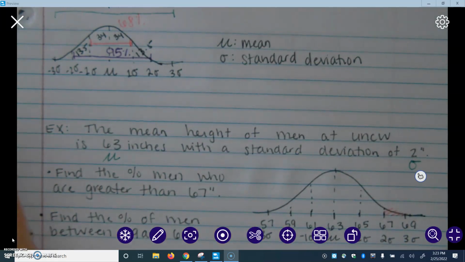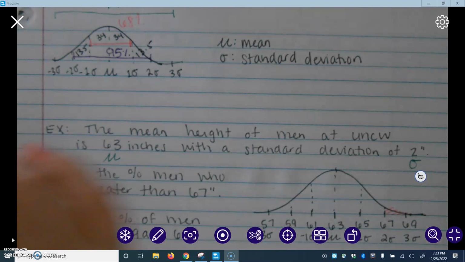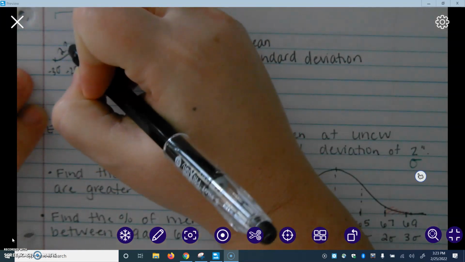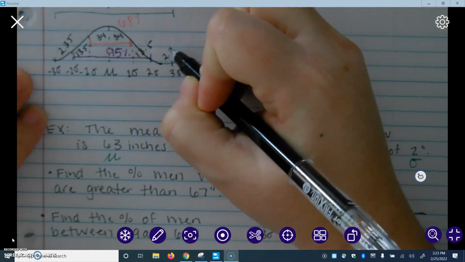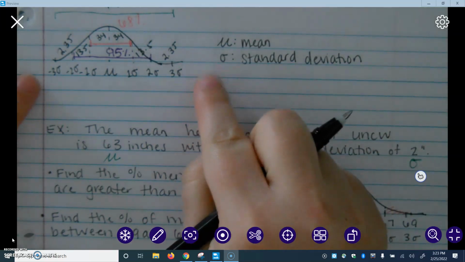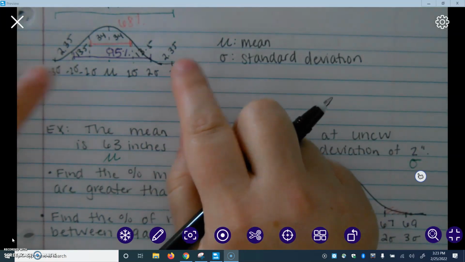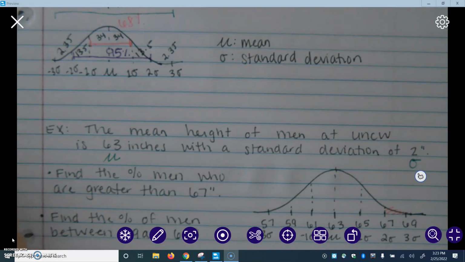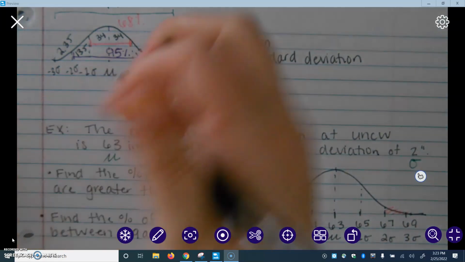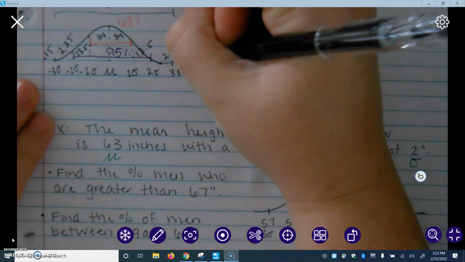95, and then divide that by 2 is 2.35, and then 100% of the data minus the 99.7, and then divide that by 2 is 0.15.